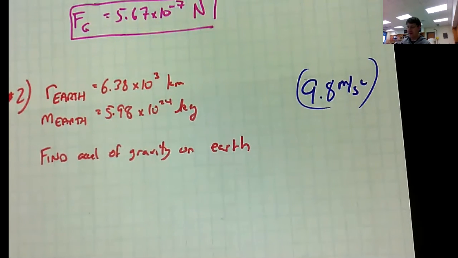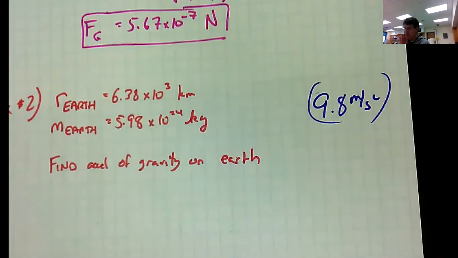Okay, if we want to find the acceleration of gravity on Earth, the acceleration of gravity is little g. Let's say you were given the radius and mass of a planet and you wanted to find its acceleration of gravity. We now know two ways to find the force of gravity.